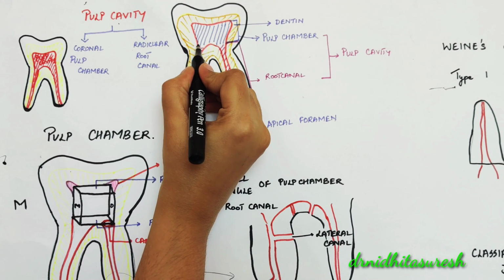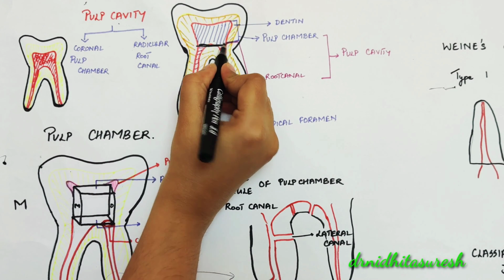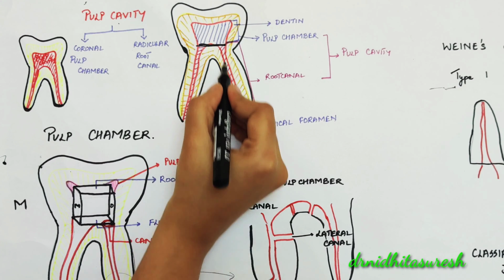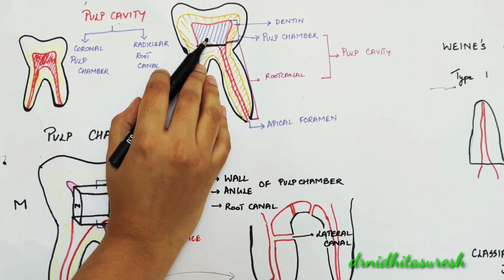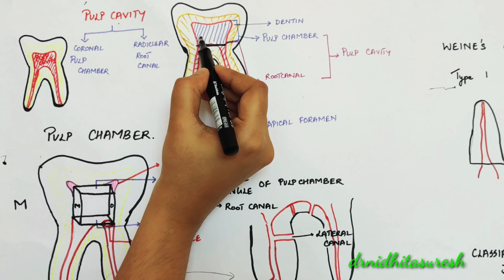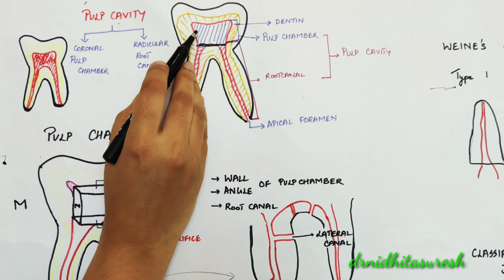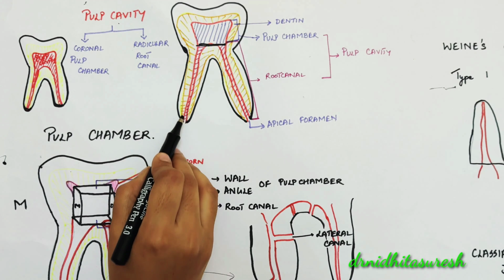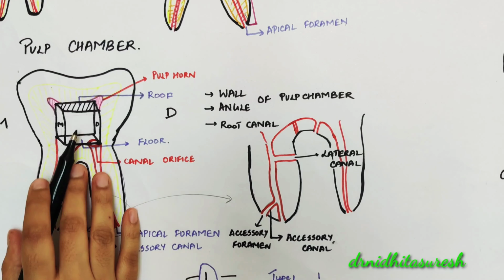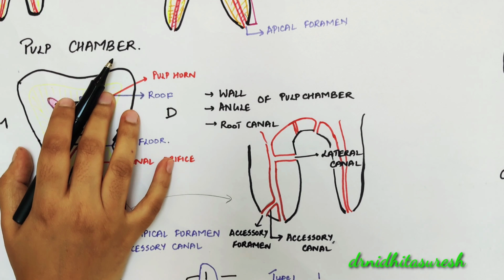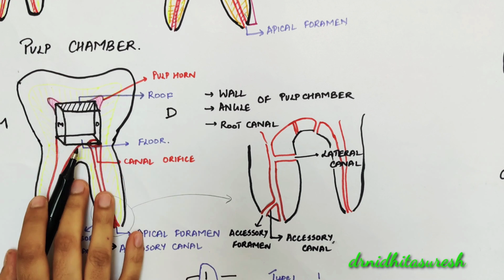So this is going to be your coronal portion and this is going to be your radicular portion. The coronal portion is called the pulp chamber. So which I have given in violet color is your pulp chamber, and the radicular portion is called the root canal.